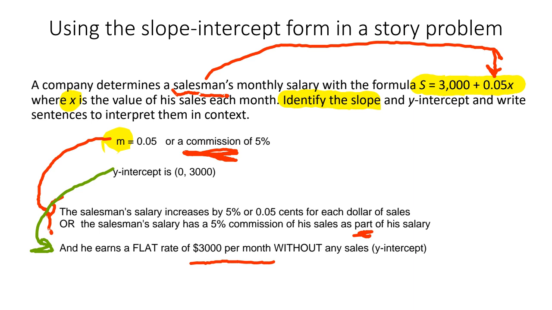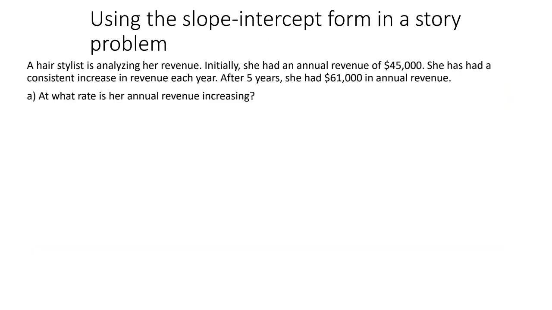Now, this one is saying again. Now, this one is going to require a little more work from us. This is saying a hairstylist is analyzing her revenue. Okay. Now, there's some words you got to follow. Initially, she had an annual revenue of $45,000.